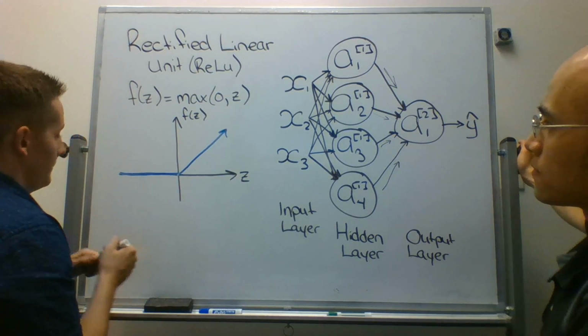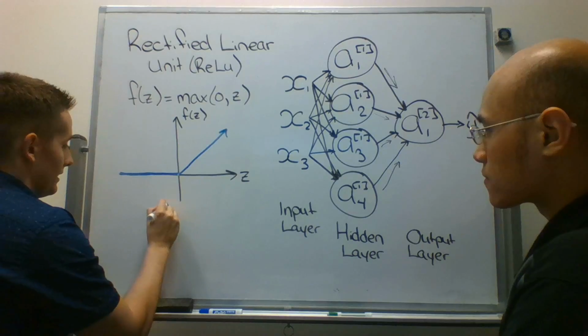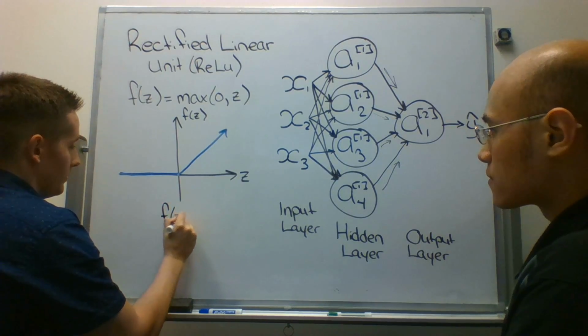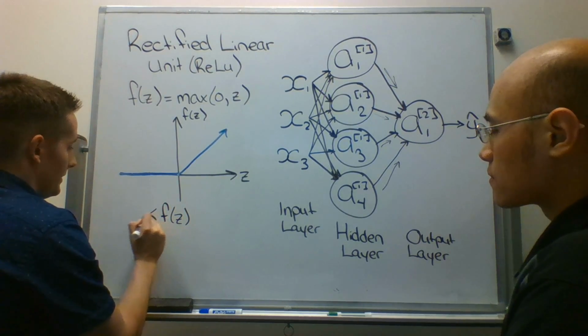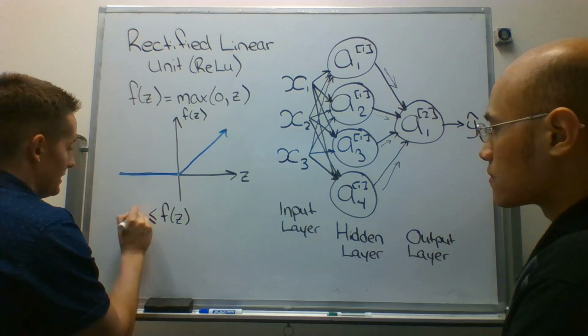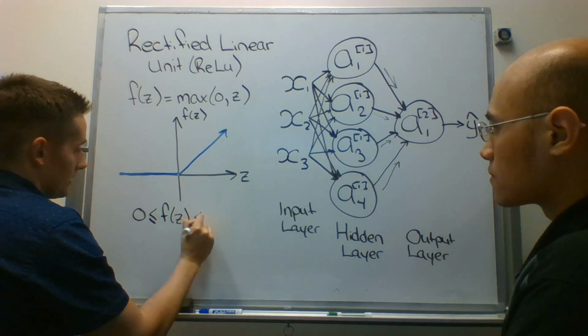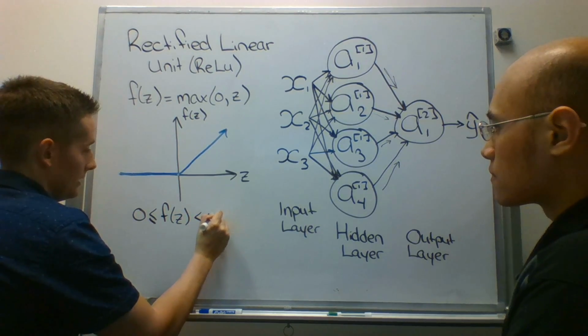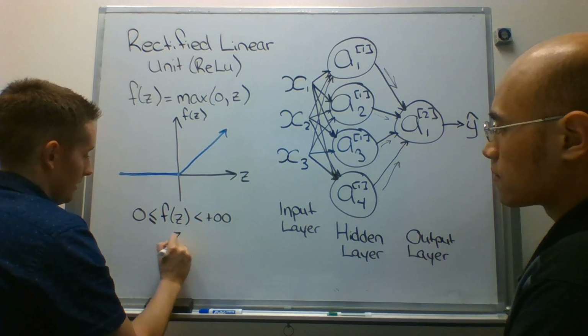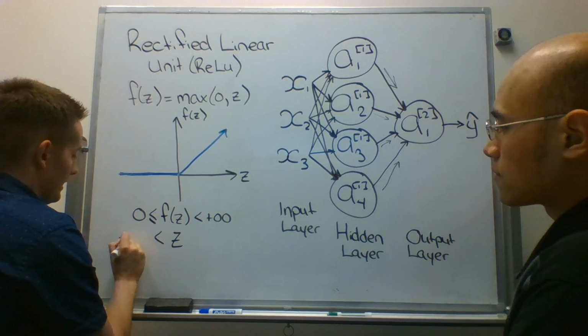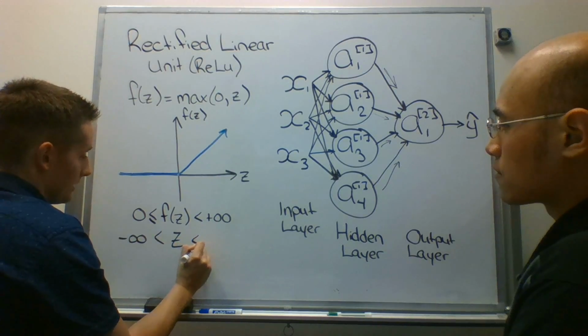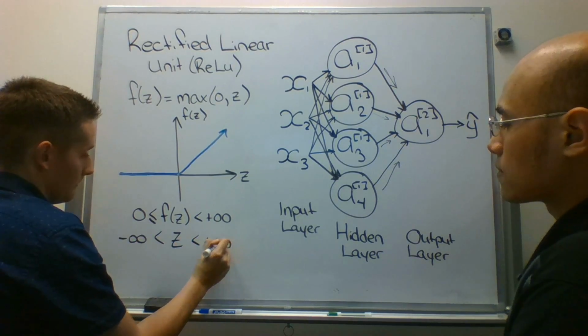So f of z itself is bounded by: it's greater than or equal to 0, and less than positive infinity, as z is greater than negative infinity and less than positive infinity.